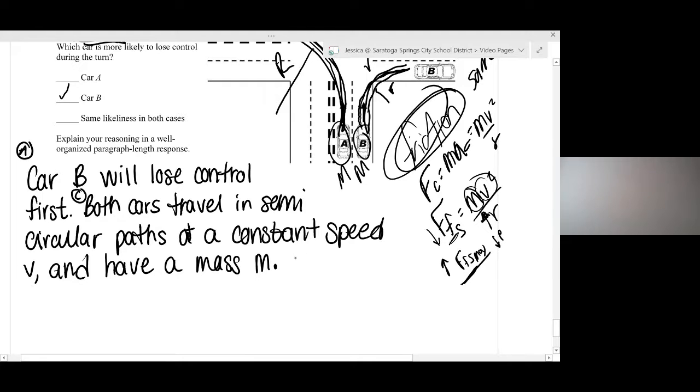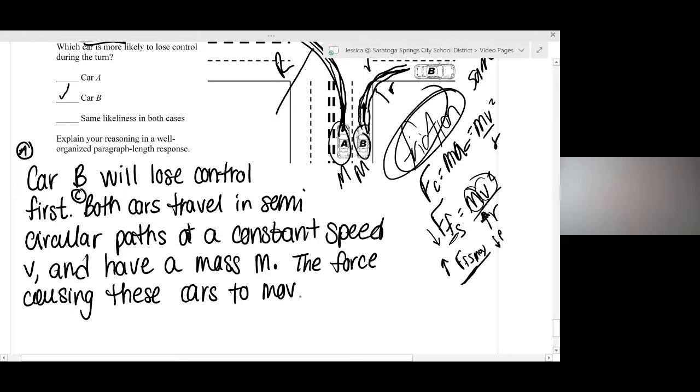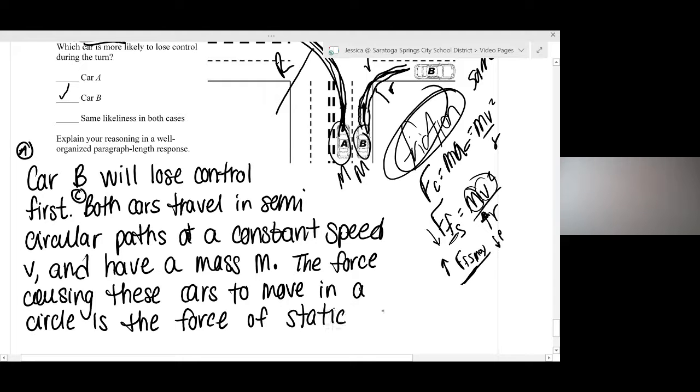Then I'm going to say the force causing these cars to move in a circle is the force of static friction. So this is a mixture of basic physics and citing some evidence.